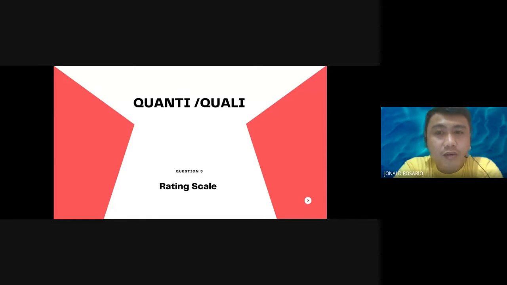Okay? So, that's why, of course, questionnaires are being used in a quantitative research, and questionnaires use rating scale. Just for example, yung Likert scale. Katulad nga ng sinabi ni Joanna, quantitative research utilizes questionnaires na sa questionnaires na yon, mayroon po tayong nilalagay na mga predefined o mga limited options.